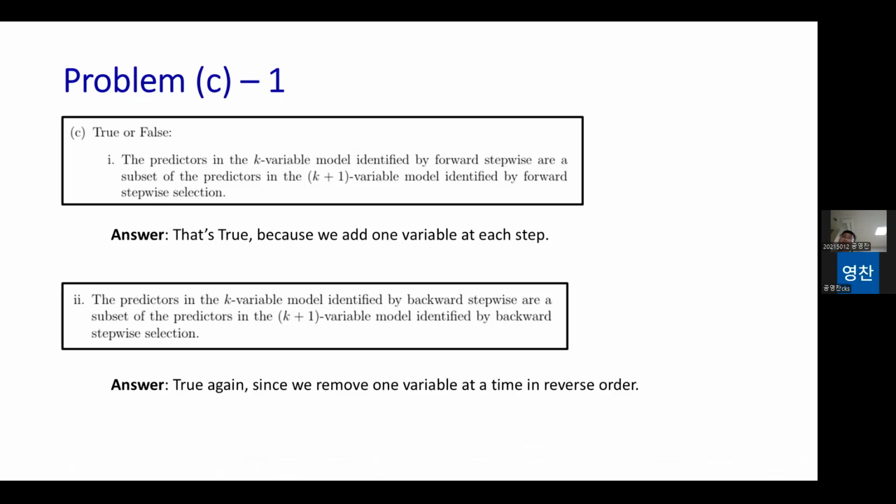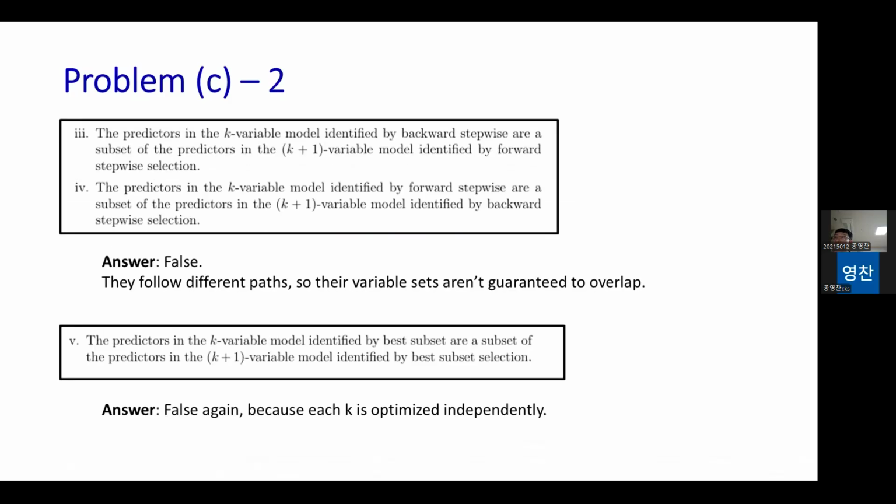Number 2, in backward stepwise selection, the predictors in the K variable model are also a subset of the K plus 1 variable model. It's true again, since we remove one variable at a time in reverse order. Let's go to the next slide.